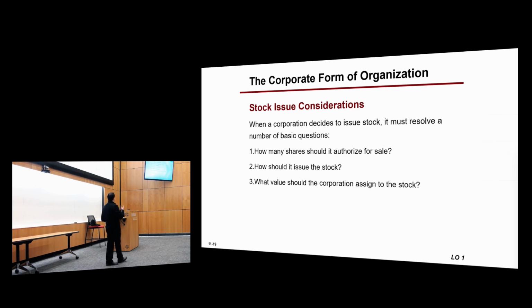Okay? So the company, before they issue stocks, has to look at several things. For example, the shares that they authorize. They have to look at how they are going to issue the stocks. There are different ways. They can issue stocks and sell them directly, and consequently they would have the risk of not being able to sell all of them. In other cases, they do it in a way similar to outsourcing or factoring, like we studied before.